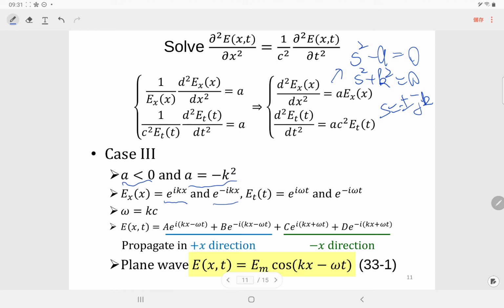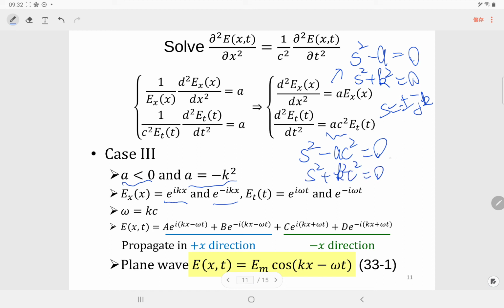And here, for the t, it is a little bit different. It is s squared minus a c squared equals 0, so s squared plus k squared c squared equals 0.